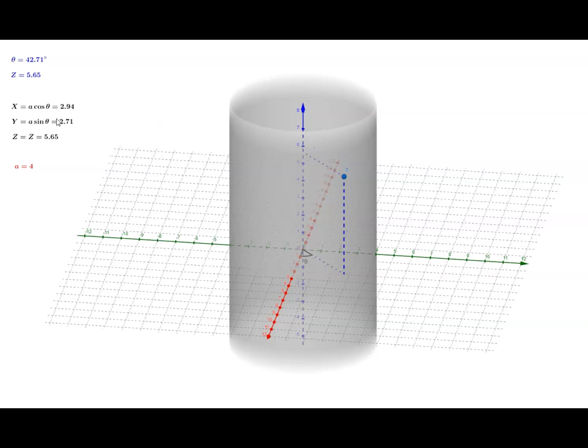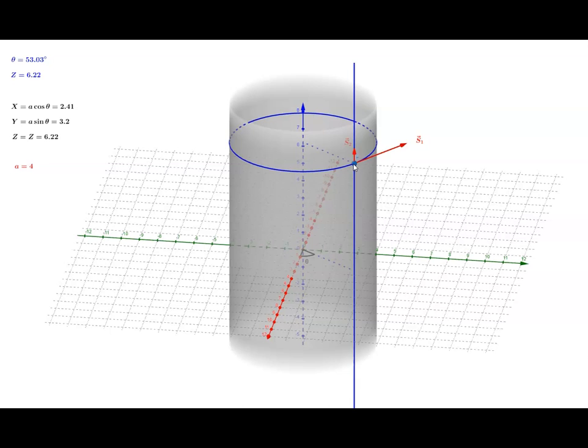Okay, next step is to show you the coordinate lines. The circle is what happens when we change the value of theta. The straight line is what happens when we move simply up and down. From these coordinate lines, we can establish the basis, the vectors S1 and S2 that are tangent to each coordinate line respectively.